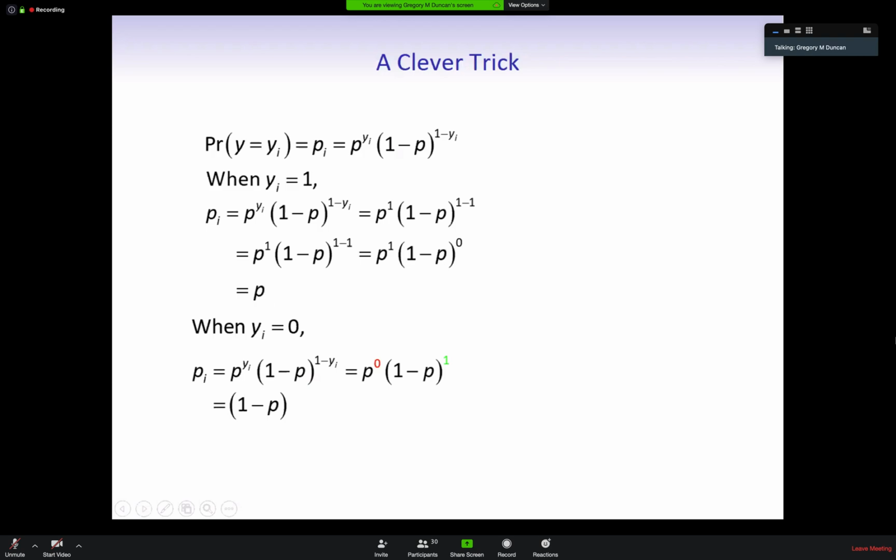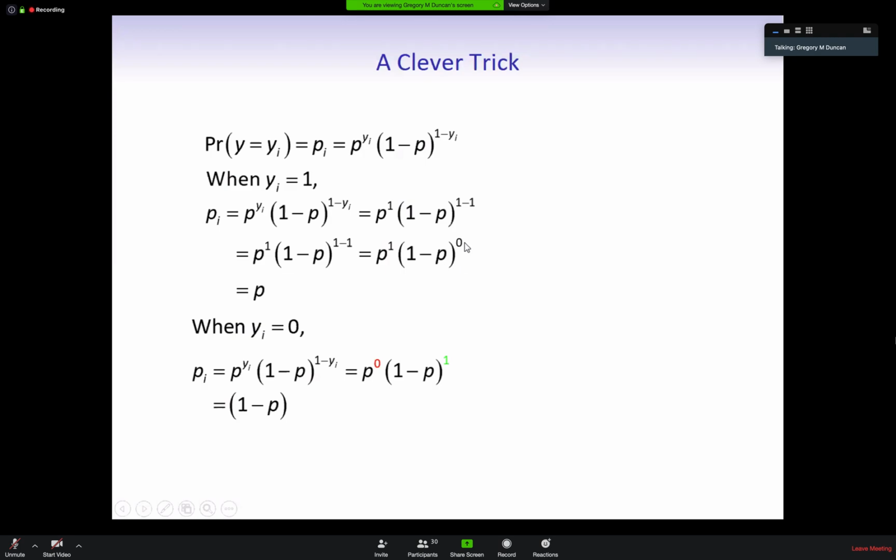Now, let's look at what happens when Y is equal to 0. Oh, I guess PI is right here. Never mind. So now PI is P to the YI, 1 minus P to the 1 minus YI. When Y equals 0, YI equals 0. Notice up here, it was equal to 1. 1 minus YI is 1 minus 0.